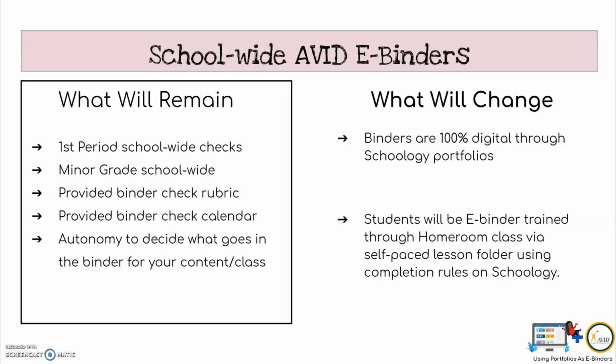If you're new to Schoology, as many of us might be during this shift to virtual learning, completion rules simply mean that as a student progresses through the activities and assignments, they cannot move on to the second assignment until they complete the rules that have been set for the first assignment. This is a training that I have put together and created, and I will take you through what that looks like towards the end.